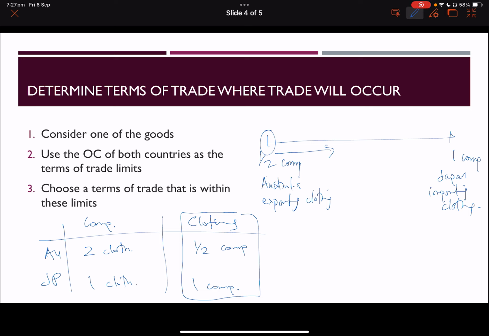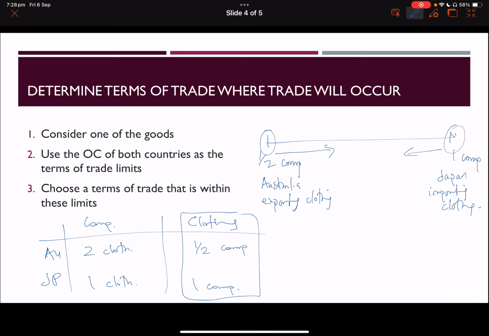So let's say, for argument's sake, if Australia is willing to give Japan one piece of clothing in return for 0.9 units of computers, Japan will say, sure, because that is less of a sacrifice than one computer that it would have to do prior to trade. So that means anything to the left of the right boundary makes sense for Japan.